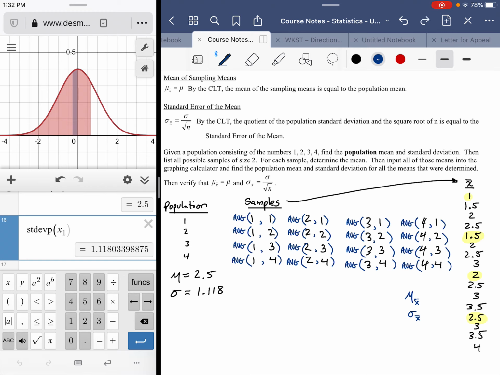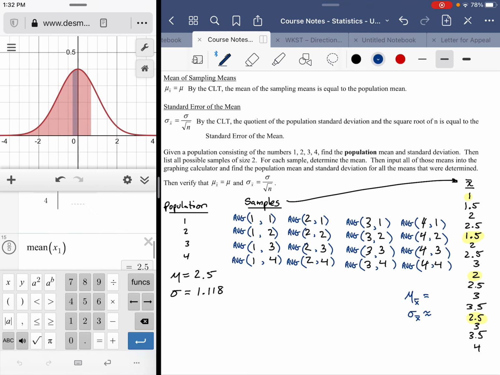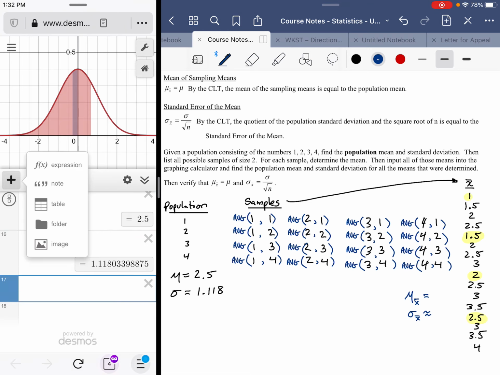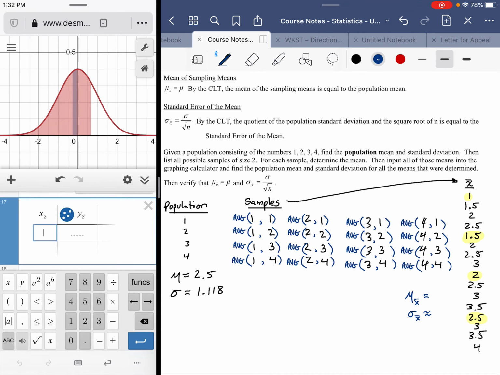So what I can do is put all this stuff in a new list. I could put it in the same list, just in the y1, or I could actually just make a new table. It's x1 now. I'm sorry, x2 now, but that's fine. 1, 1.5, 2, 2.5.